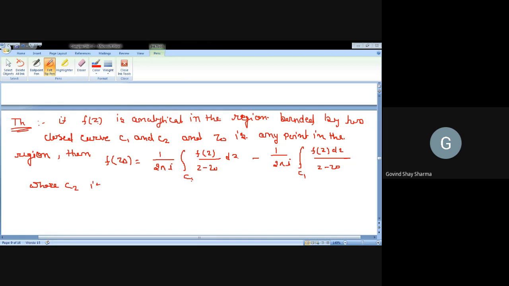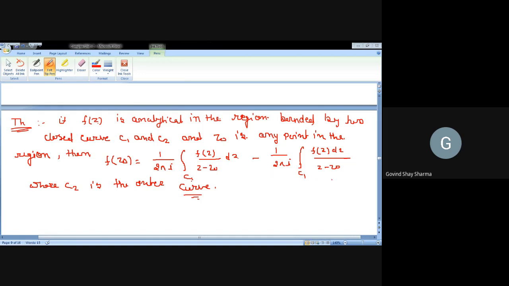C2 is the outer curve. So this is also a very good statement when the region is bounded by two closed curves.